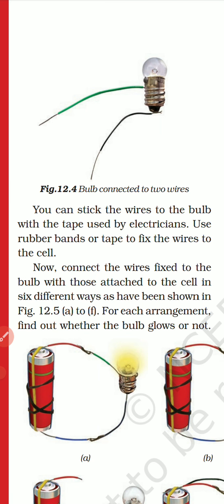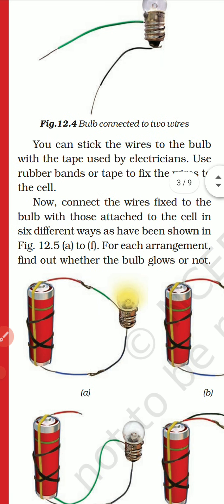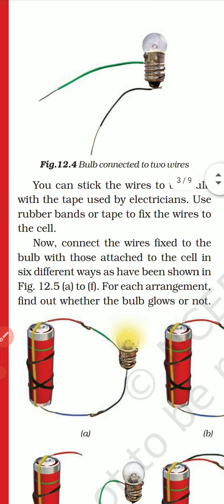Now connect the wires fixed to the bulb with those attached to the cell in 6 different ways, as shown in the figure. For each arrangement, find out whether the bulb glows or not. So you can see how you have to make the arrangements.